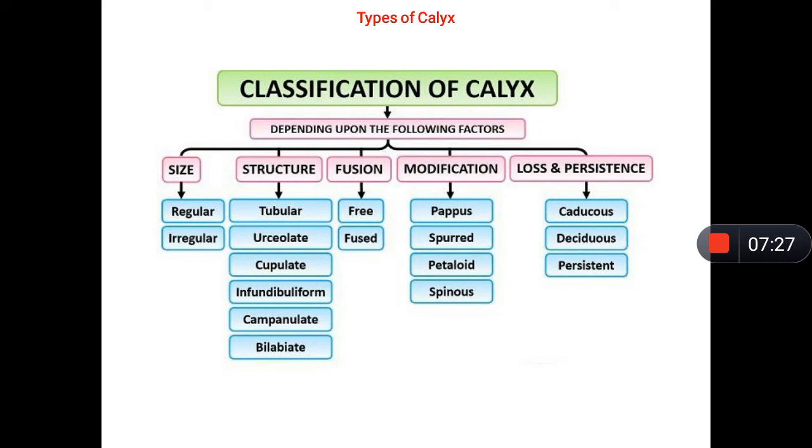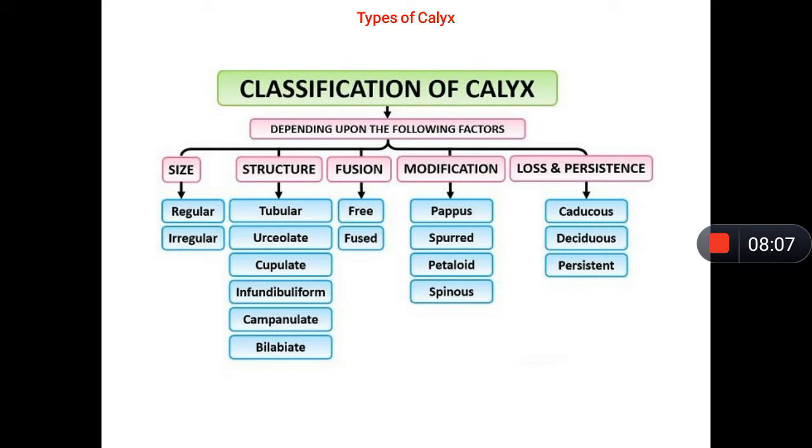If they are fused, then fused. If they are free, then free. Then modification. If they are modified, there are 4 types: pappus, spurred, petaloid, spinose. If they last during the developmental stages, or if they still persist at the end of development, they are 3 types: caducous, deciduous, and persistent.